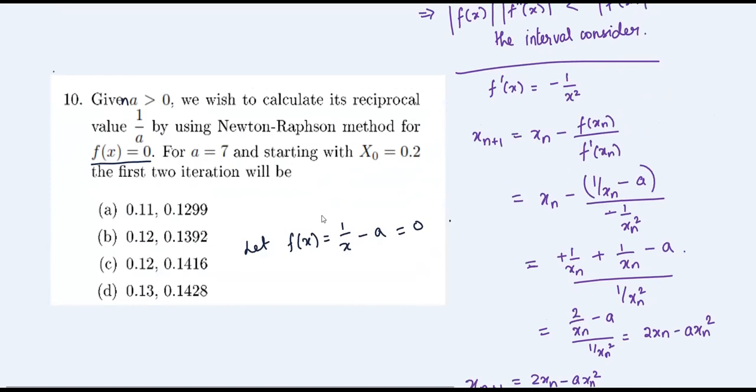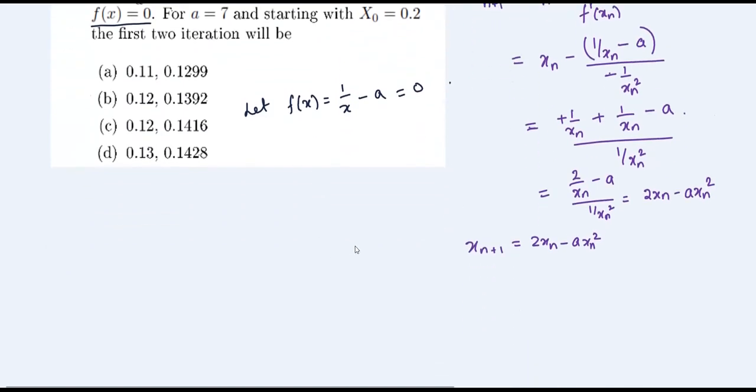Now the first iterative step for a equal to 7. So xn plus 1 is 2xn minus a xn square. Now for n equal to, starting with x naught is given to be 0.2 and a is given to be 7. So x1 will be 2x naught minus 7x naught square.